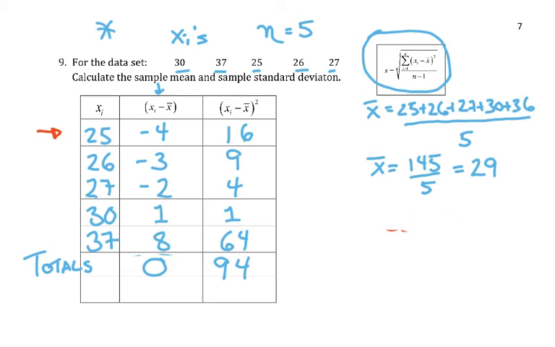Remember what we do. S is going to be the square root of the sum of the squared deviations, that's 94, divided by n minus 1, which is 4. So put that in your calculator.